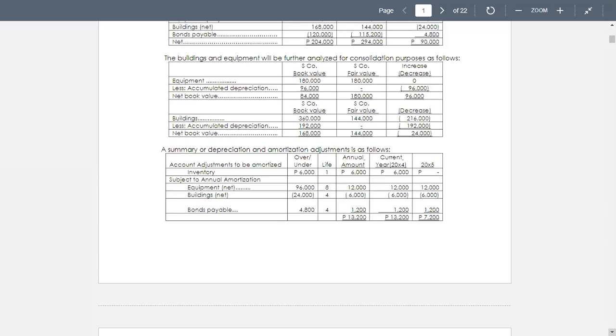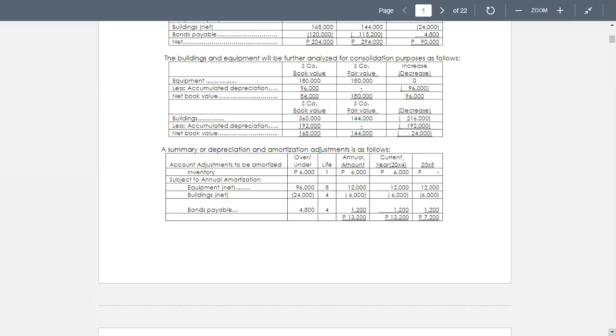So we have now the equipment, less the accumulated depreciation. The net book value is only 84,000. The fair value is 180,000. So there is an amount of 96,000. That 96,000 is again an undervaluation. On the other hand, the building has a difference of 24,000.